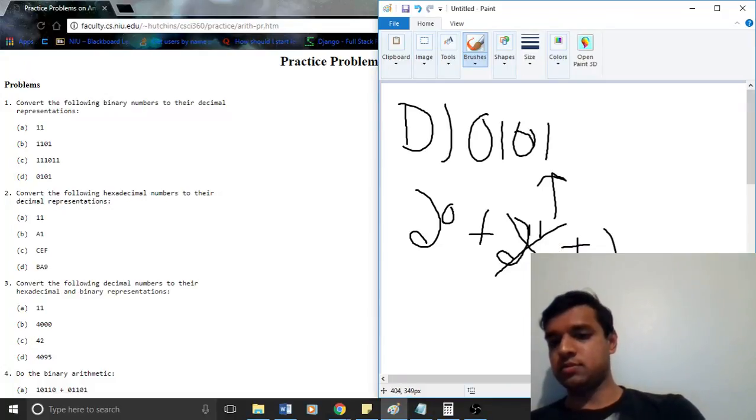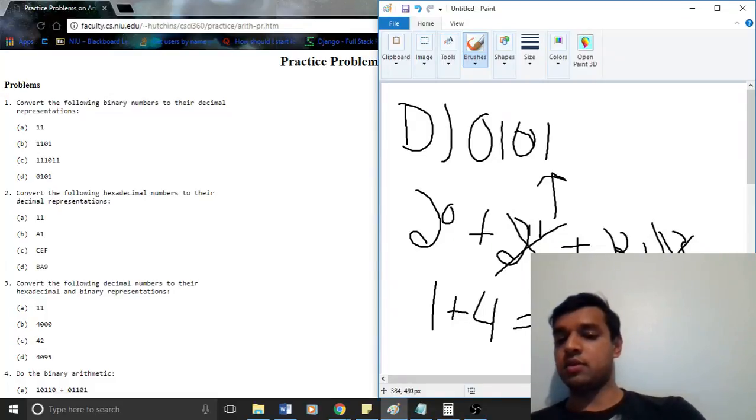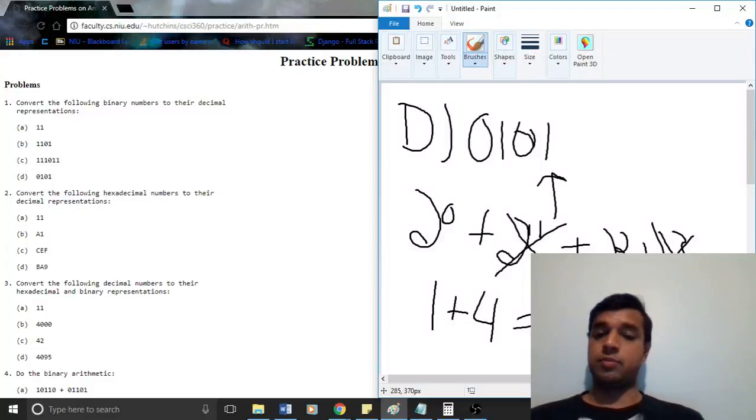Plus 2 to the 2, which is valid, plus 2 to the 3, which is not valid. So the only two things that you're going to add up is 2 to the 0, which is 1, plus 2 to the 2, which is 4, which would equal 5. And that will be the decimal representation of that number.